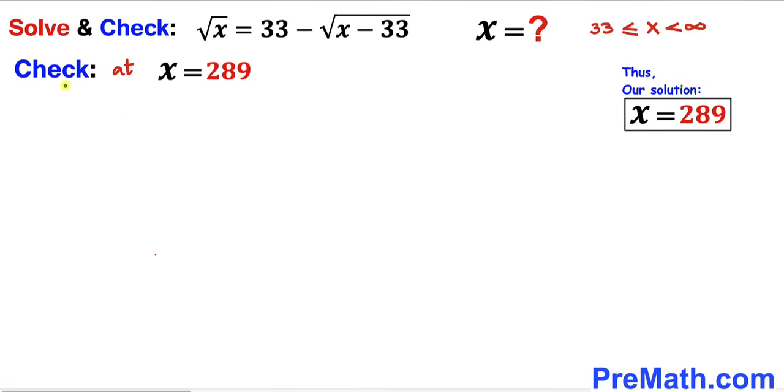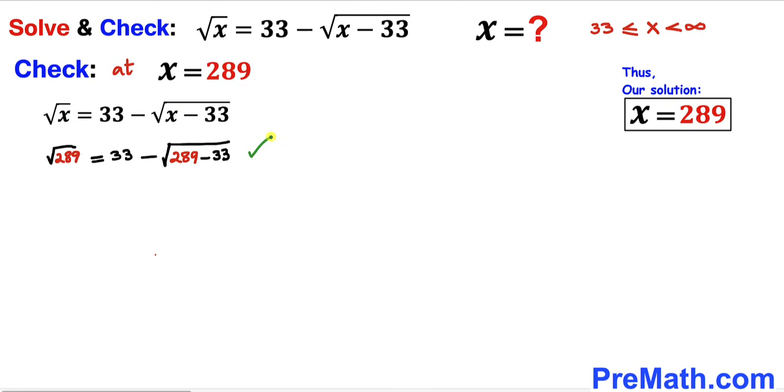Now we are going to check our answer for any extraneous solution for x values. So therefore we are going to focus on this original radical equation, and we are going to substitute x equals to 289 value over here, and x equals to 289 value over here as well, as you can see in this next step.